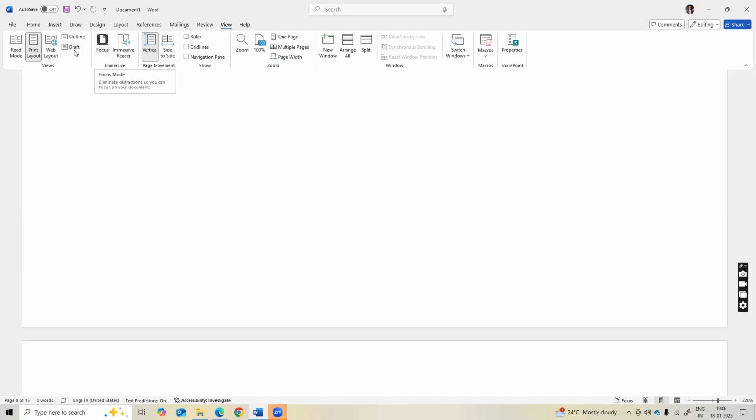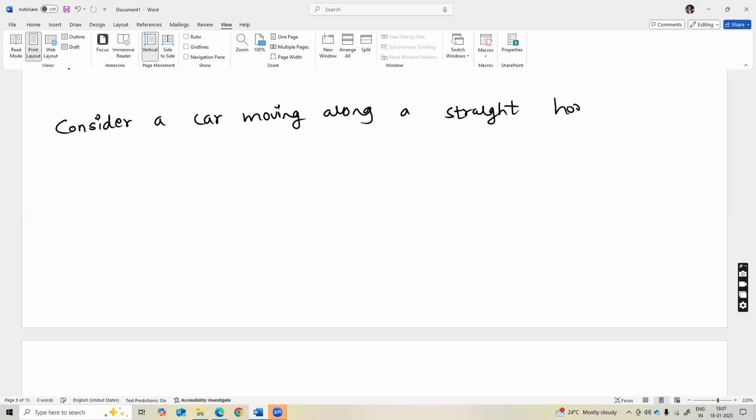Next question is, consider a car moving along a straight horizontal road with a speed of 72 km per hour.